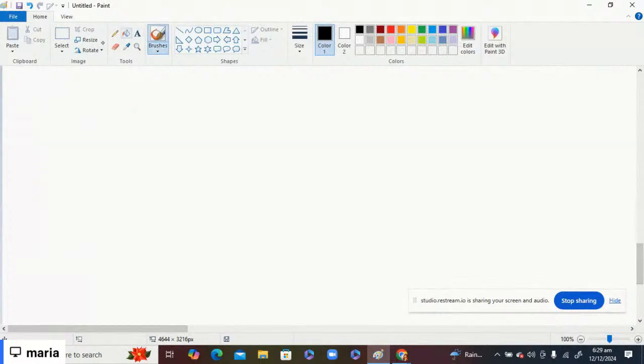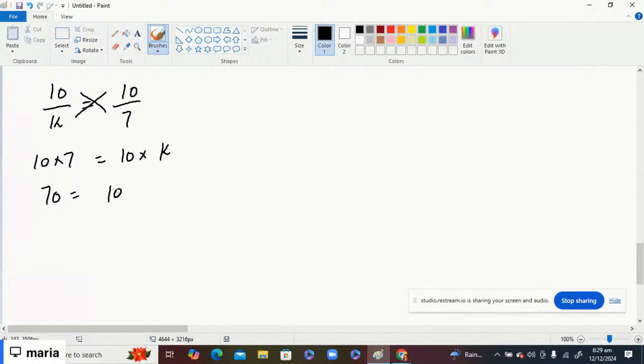So here it's 10 by k and 10 by 7. Okay. Cross multiply 10 times 7 and 10 times k. 10 times 7 is 70 and this is 10 times k as it is. Now 10 is multiplied here. When it's moved, it becomes in the form of division.